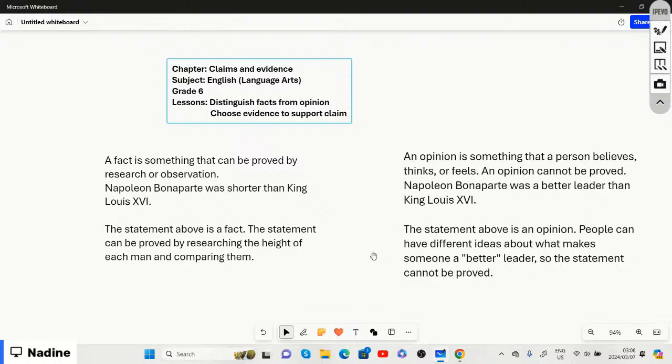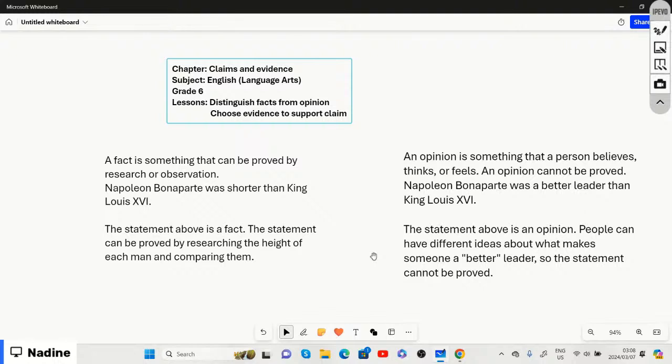My opinion is basically what I think about something, but a fact can be proved by research or observation, like when someone says something and that story can be backed up. So that is a fact.